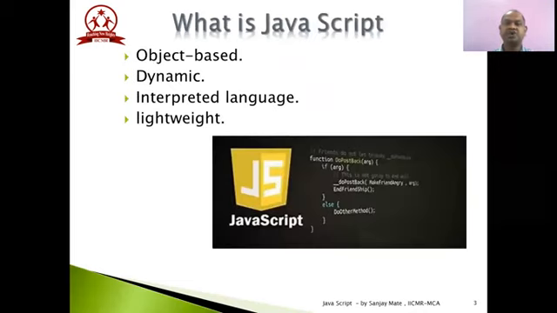So let's see what is JavaScript. JavaScript is nothing but a programming language which is object-based and functional as well. This language is used for making dynamic web pages. In the early days, web pages were very static. They were only displaying the contents.